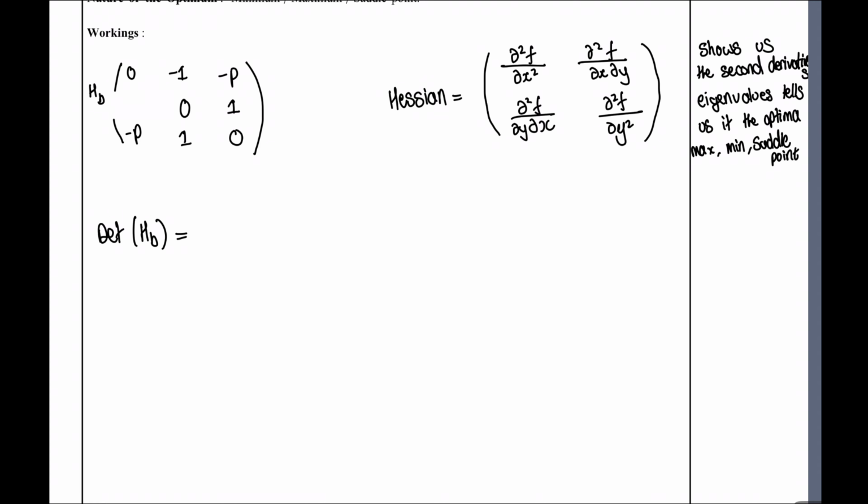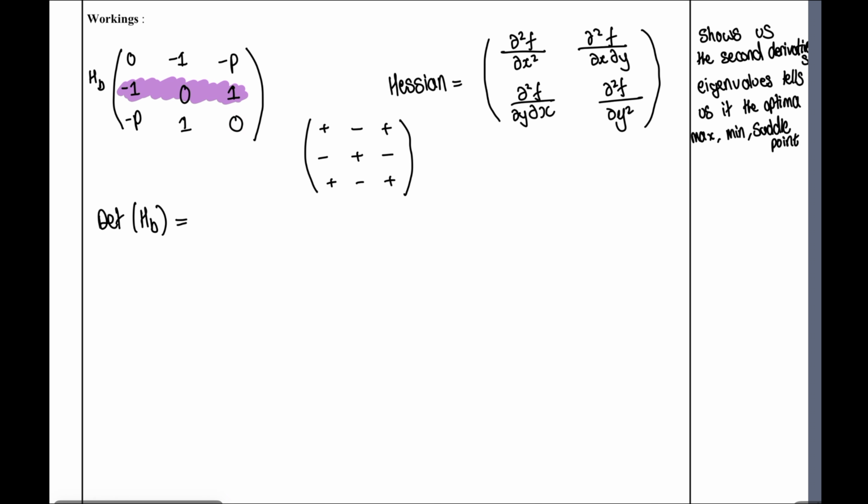I'm going to pick this middle row, as I see it as the easiest. From there, we look at the matrix of minors for every entry on this row. Another thing we need to consider is this sign matrix, which says that whatever this value is, we will negate it. So instead of -1, we'll have +1.